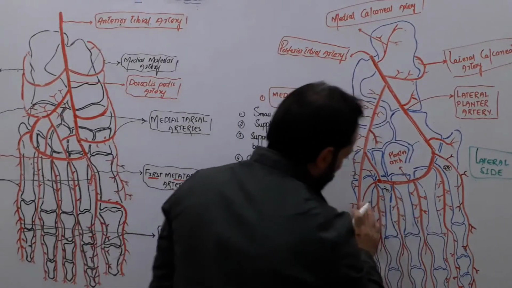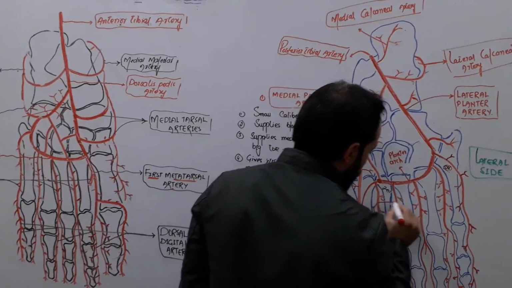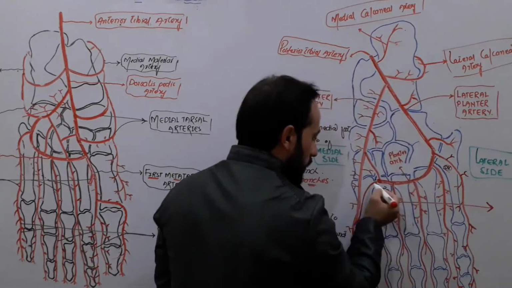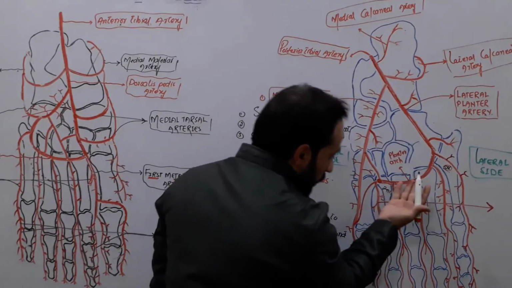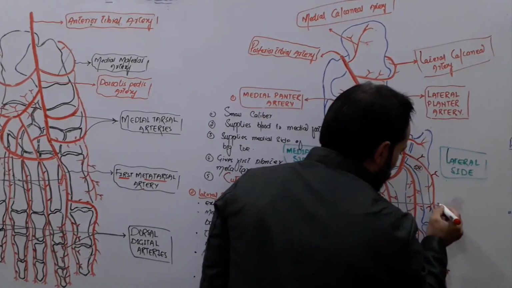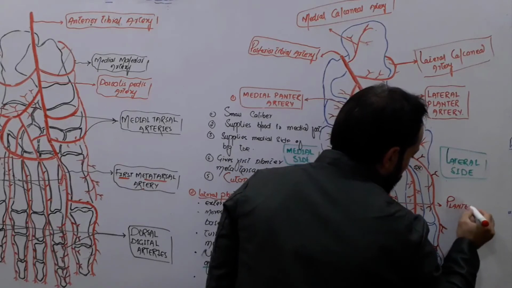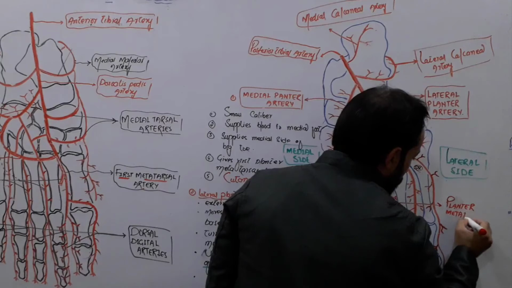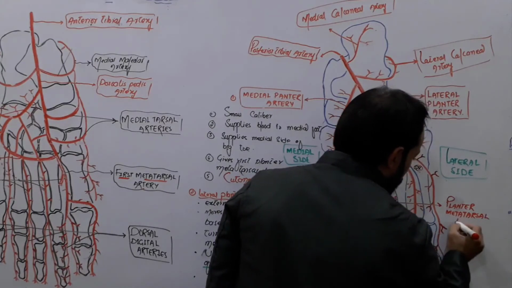So look, all these branches, you can see here, all these branches are the branches of the plantar arch, right? So all these branches are called the plantar metatarsal arteries.